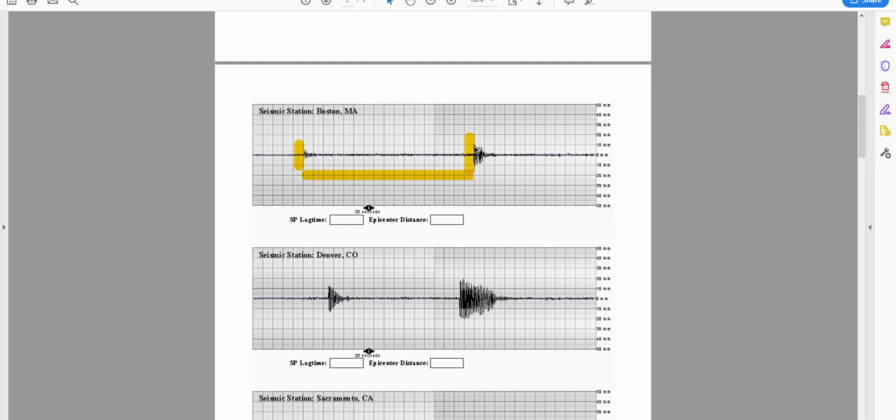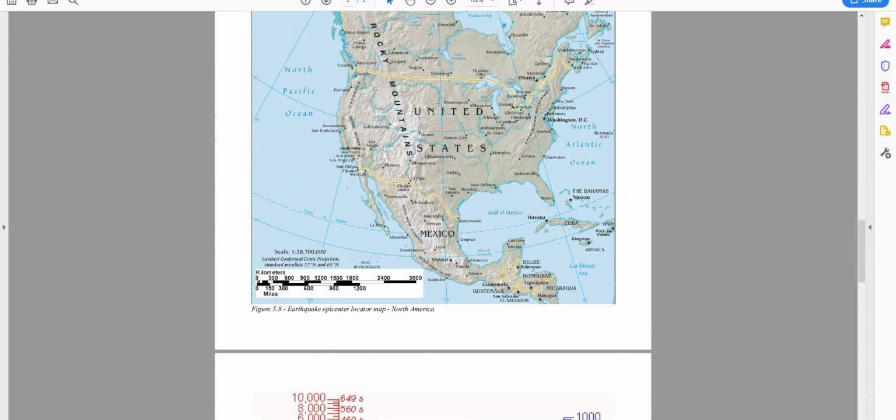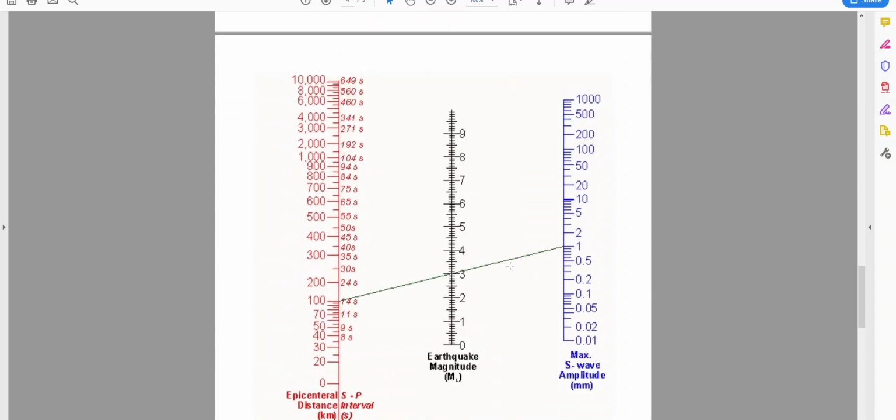And the highest point is about right here where the pointer is resting right now. And if you come over here to the side, it's about 10 millimeters high. Okay, so now we're going to use that information to figure out what the magnitude of this earthquake is.